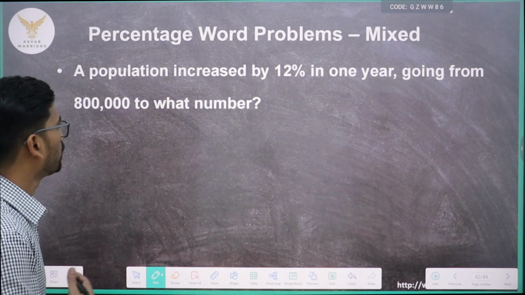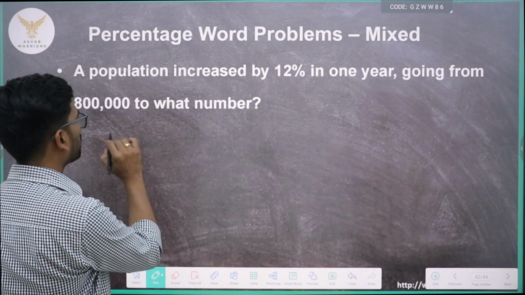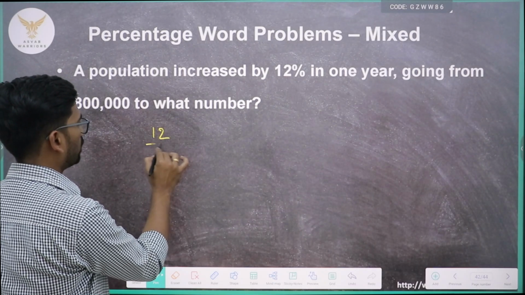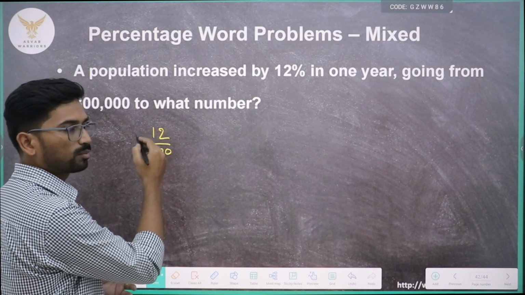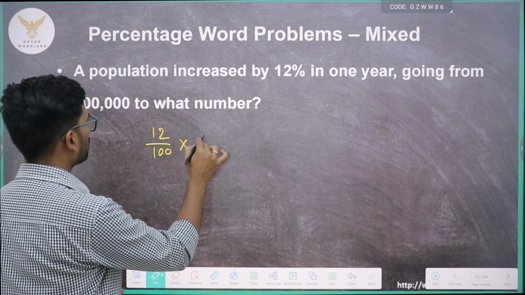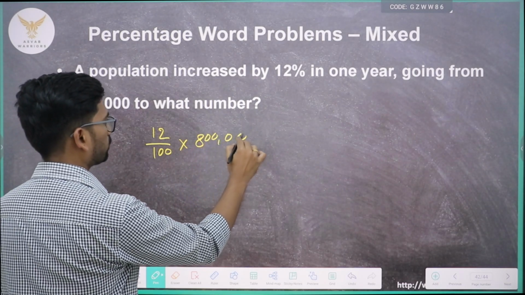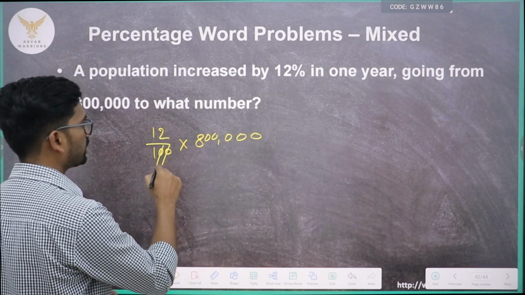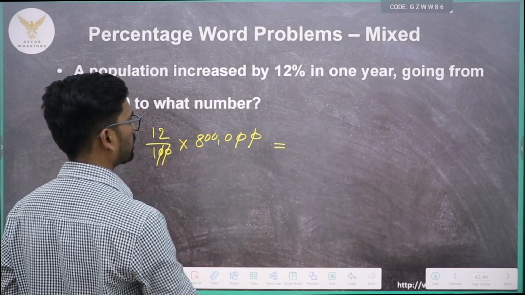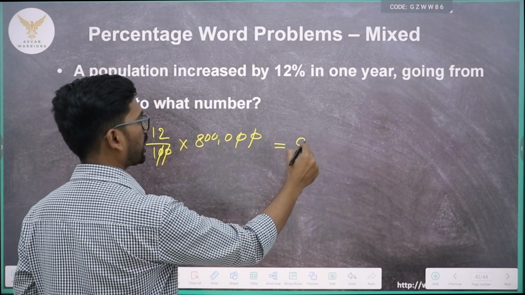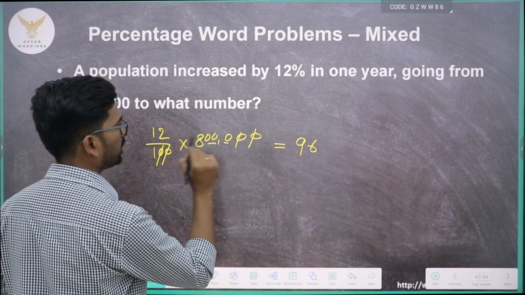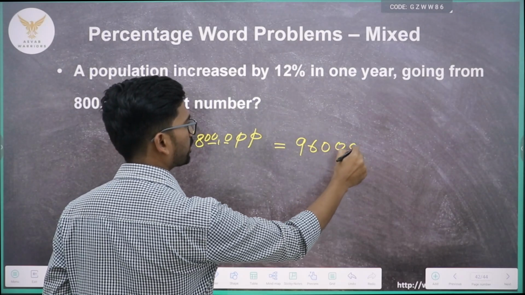So first we will calculate 12% of 800,000. 12% is nothing but 12 out of 100 times 800,000. What will it be? The zeros get cancelled out.